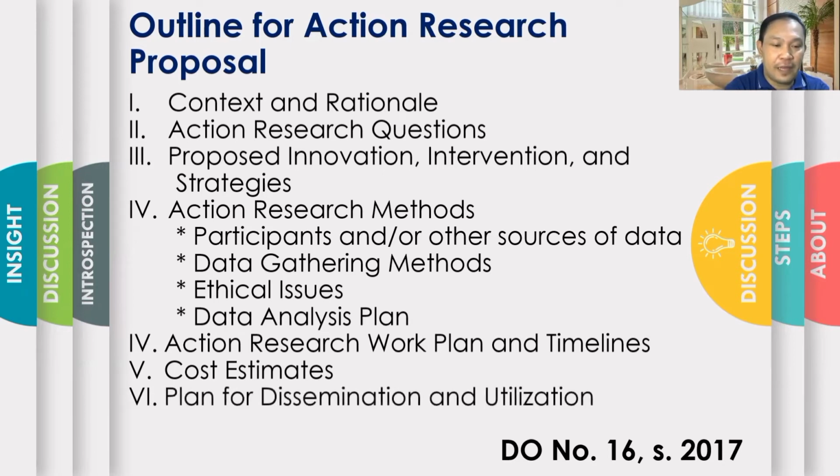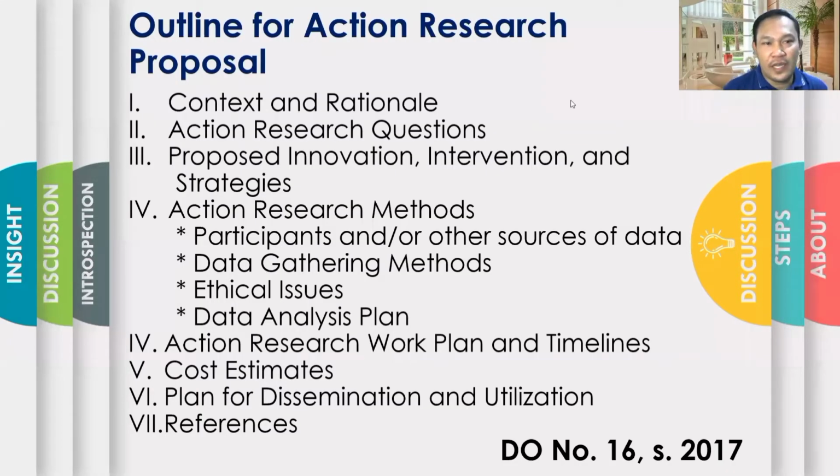And then you have the plan for dissemination and utilization, because it is really important to see how your findings will be utilized and disseminated after you conducted your research. I repeat, through DepEd Order number 16, series of 2017, these are the parts of the action research proposal once you plan to write and implement your research paper. Now, you have to start with your proposal, and here is our outline.